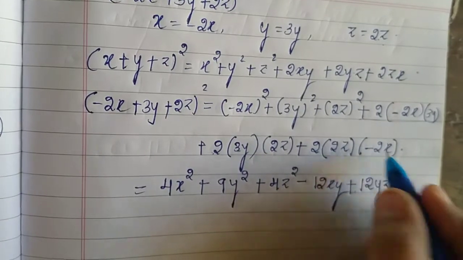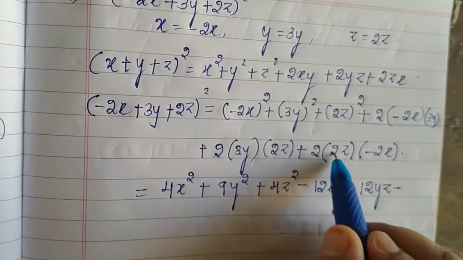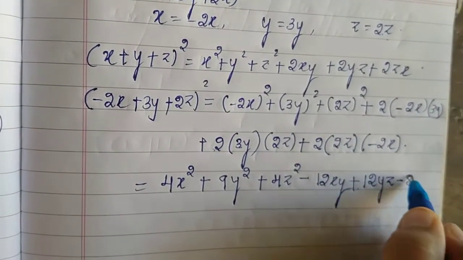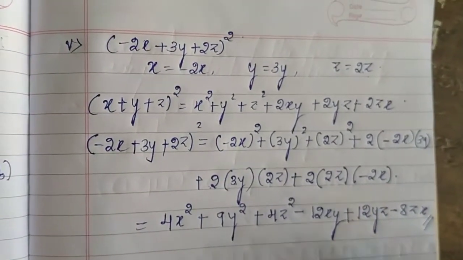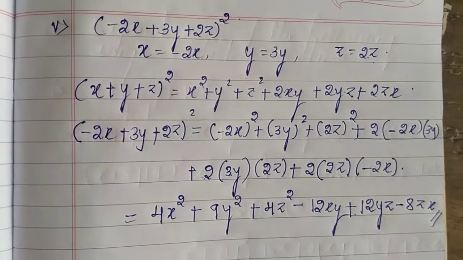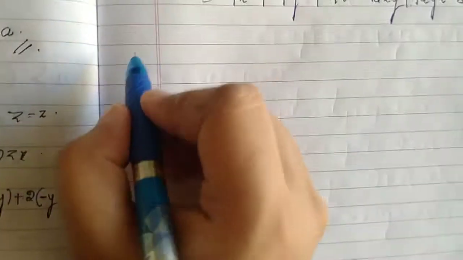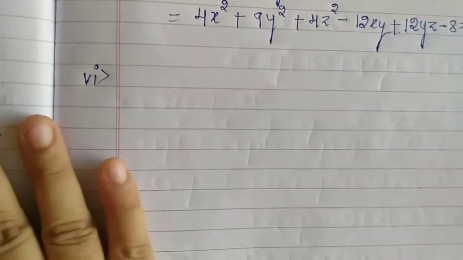So here also plus into minus is minus, 2 2s are 4, 4 2s are 8, 8zx. So this is your fifth answer. Okay, so now we move on to the next question, that is the sixth one.